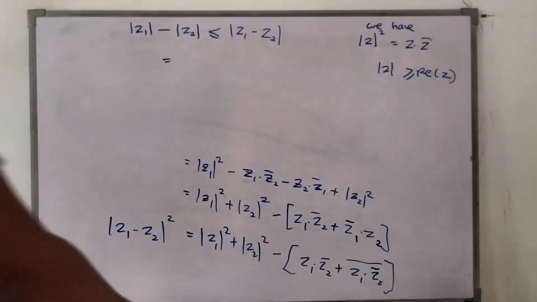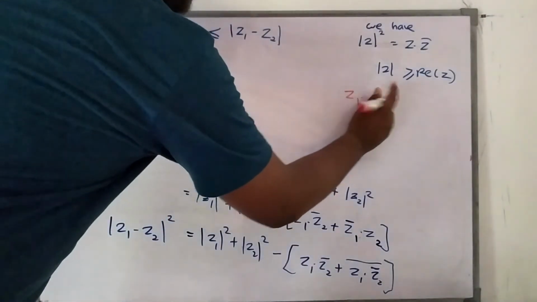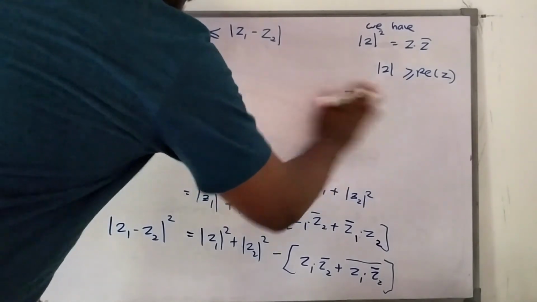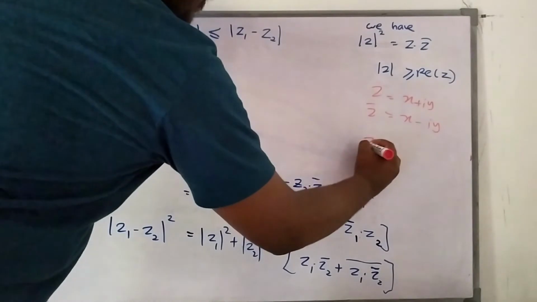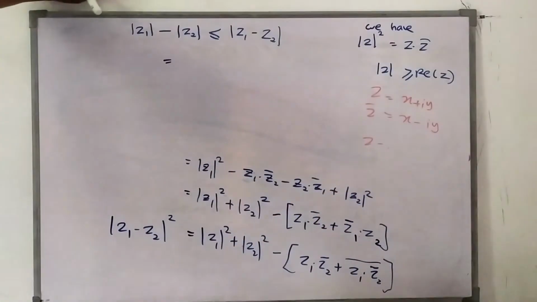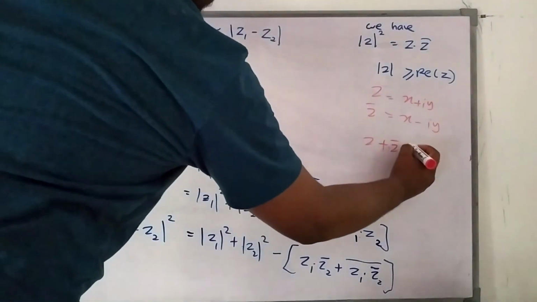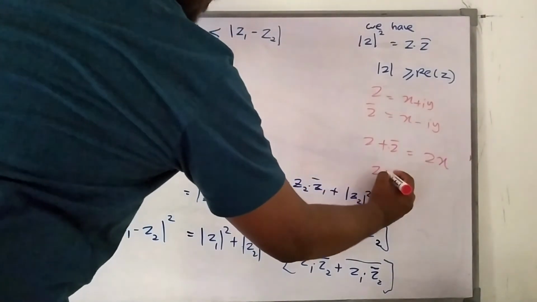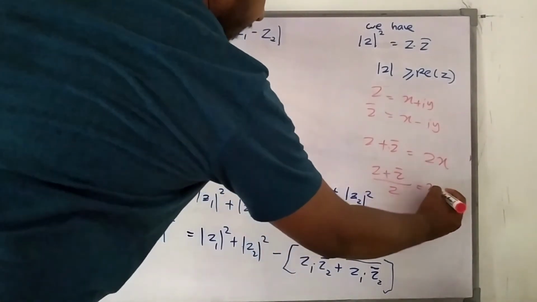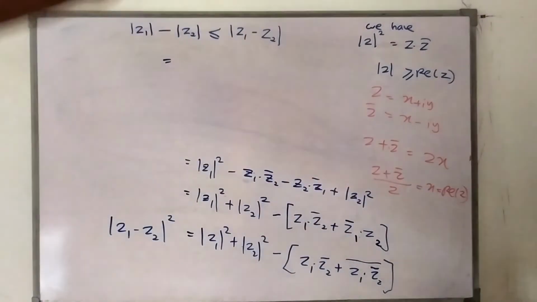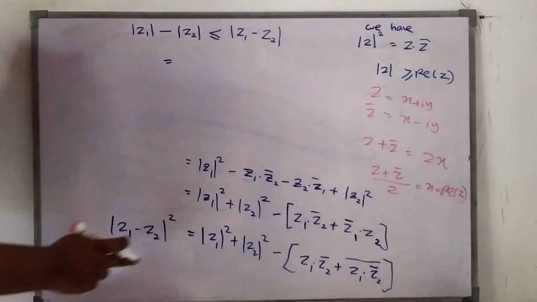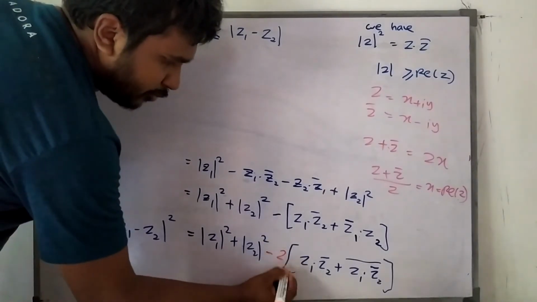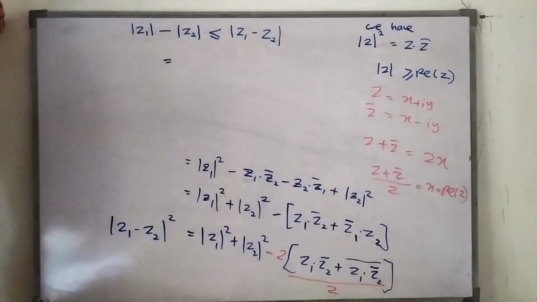Always, normally z is x plus iy, z bar is x minus iy, so z plus z bar is always 2x, right? z plus z bar over 2 is x. x means real z. So normally real z means z plus z bar over 2, right? Over here we don't have the 2, so I'm just putting by 2 and 2.